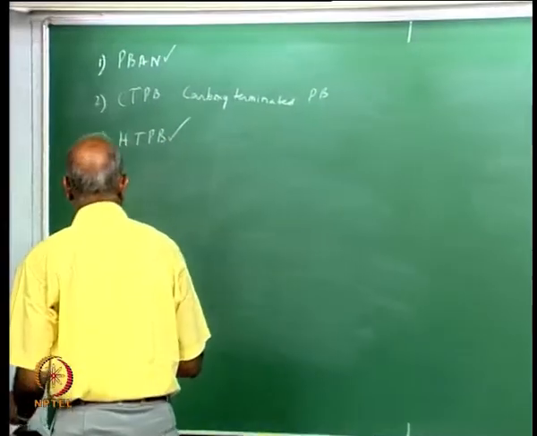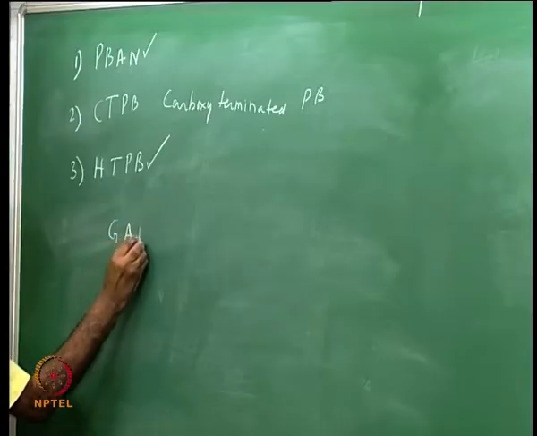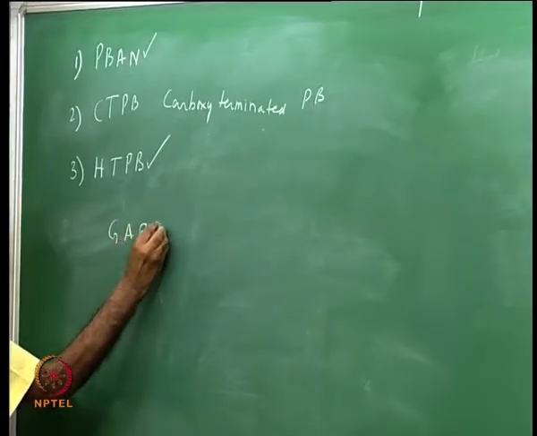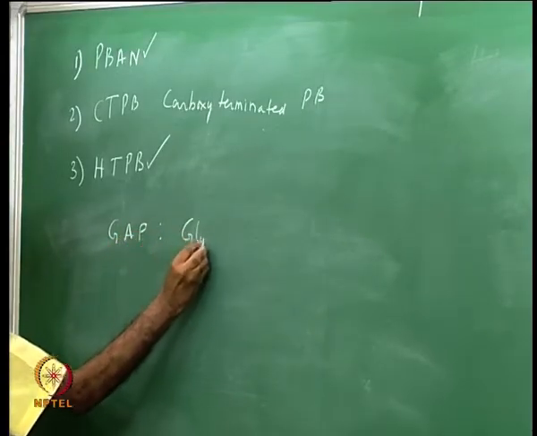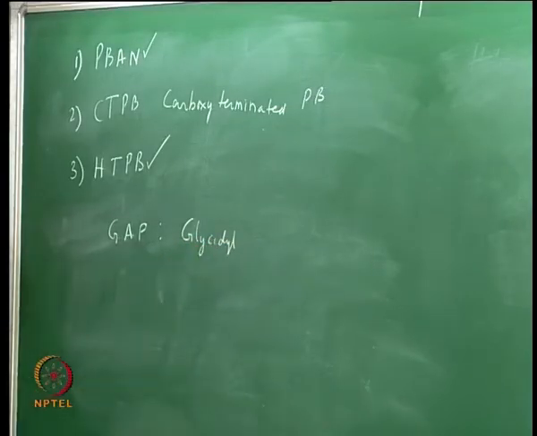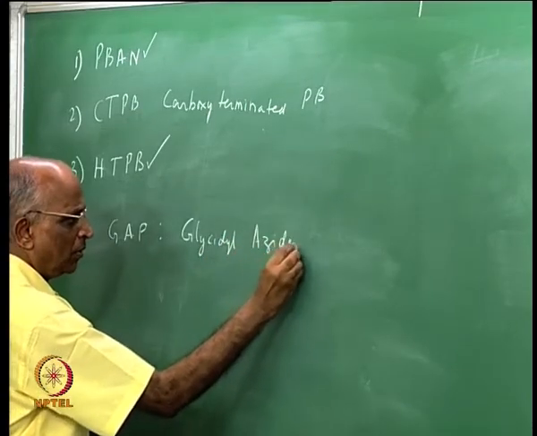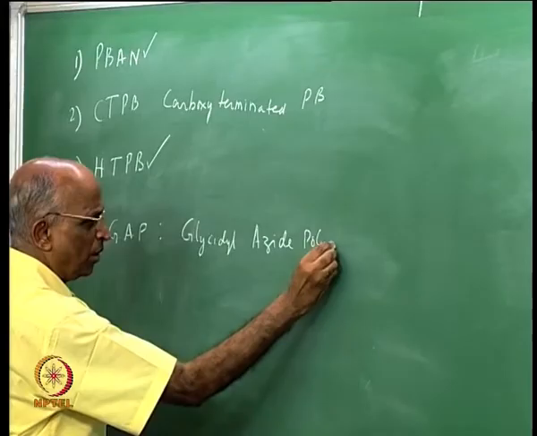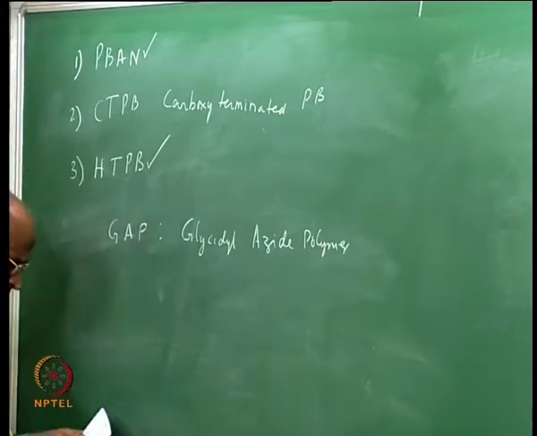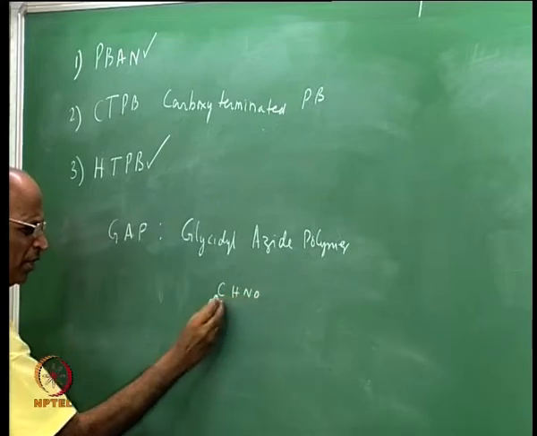We talked in terms of some fuel which is being talked of nowadays. We call it GAP, which is known as glycidyl azide polymer, and this has a formula something like CHNO in different proportions.